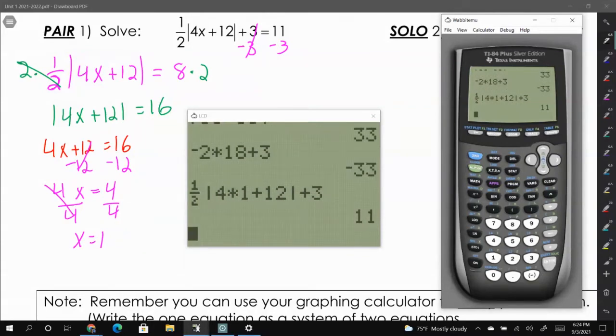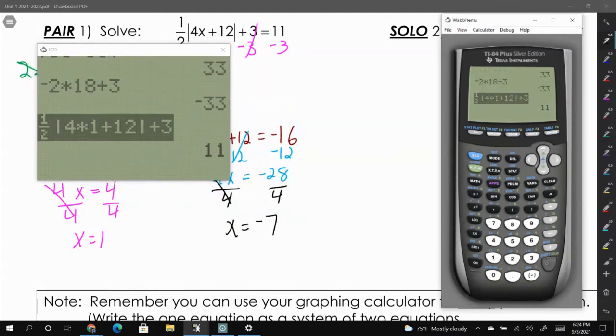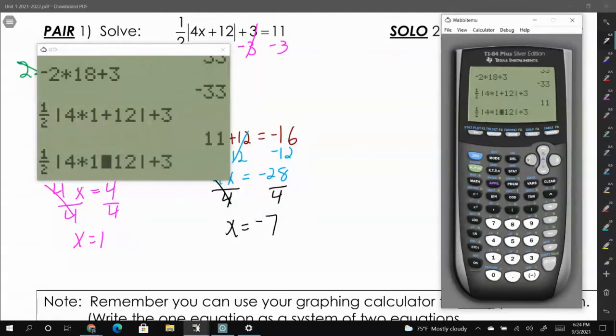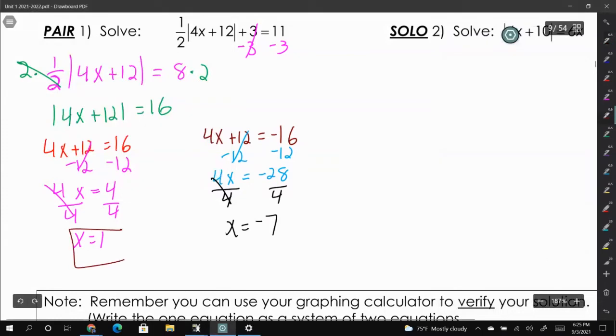Okay, so x equals 1 works. Now we got to try negative 7. And that equals 11 as well. So both of these are solutions. These both work.